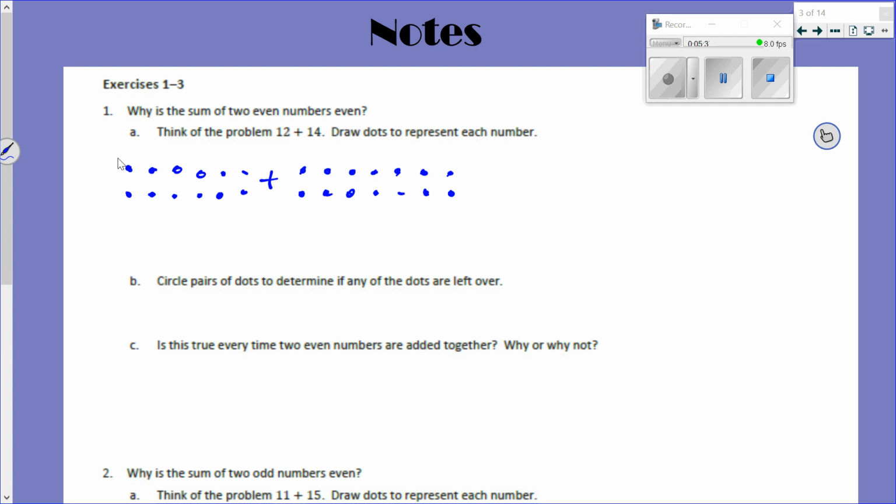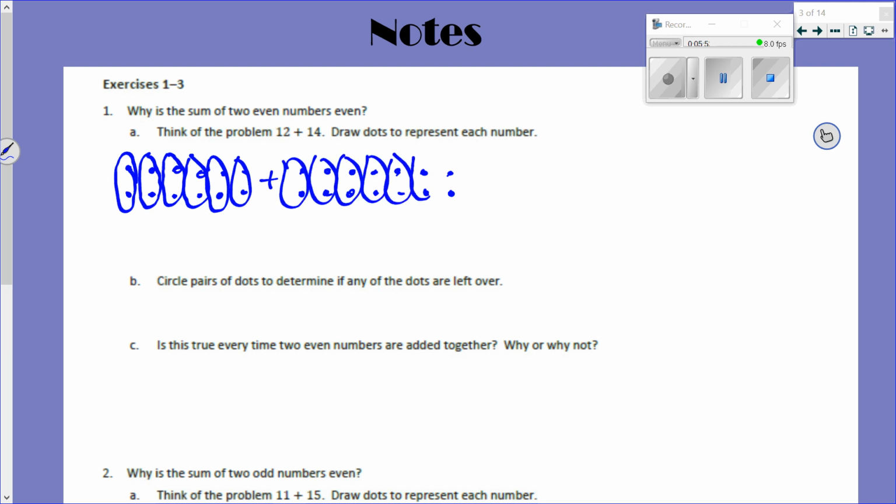The next step is to circle all of the dots that are in pairs. For each pair of dots, we're just going to draw one big circle. With our 2 numbers now, you should see a pattern.